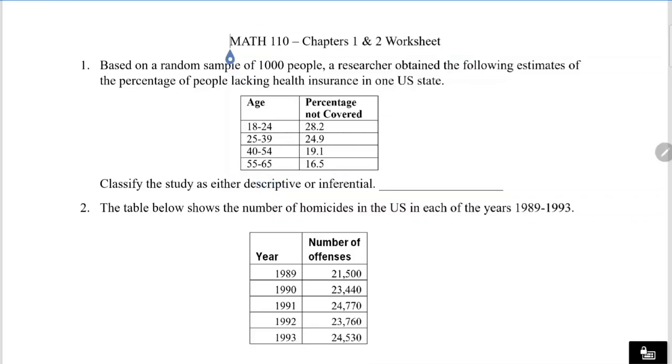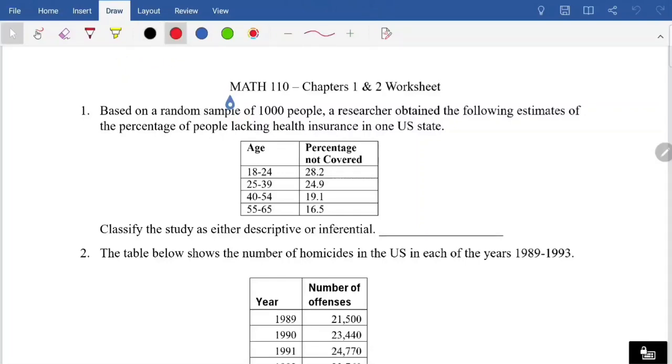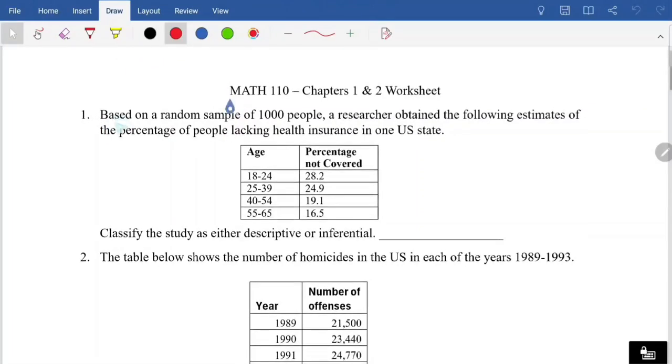Now, I'm going to go back and read the question one more time. It says here, based on a random sample of 1,000 people, a researcher obtained the following estimates of the percentage of people lacking health insurance. So let's look for some keywords in the question itself. All right, so the keywords are based on a random sample.